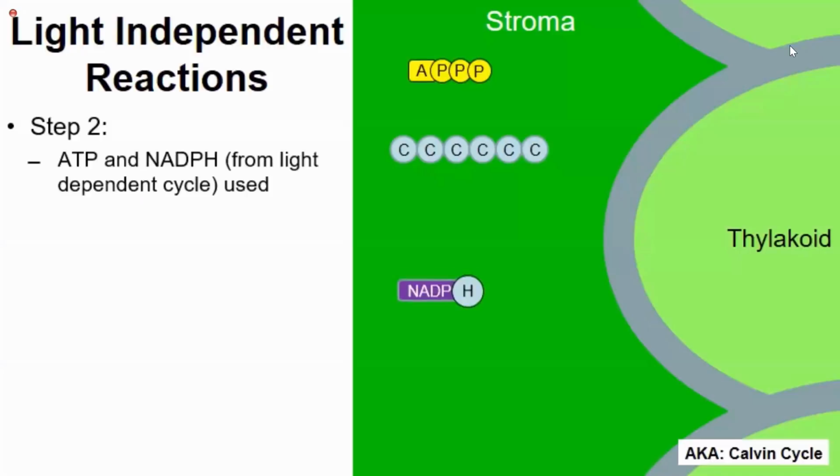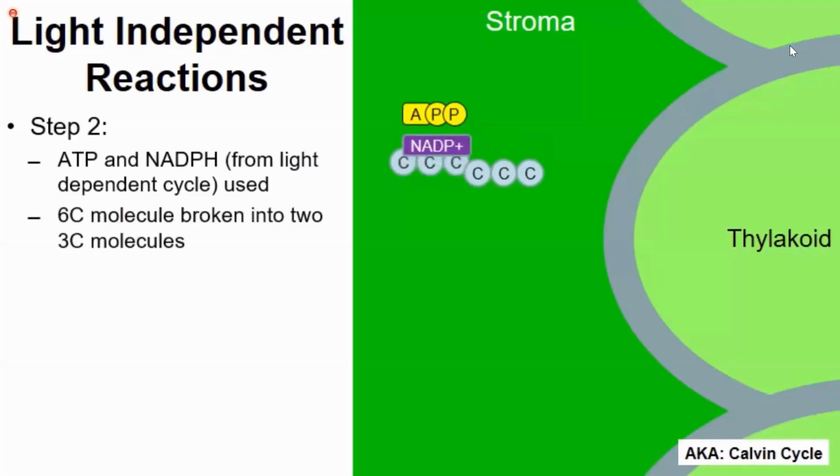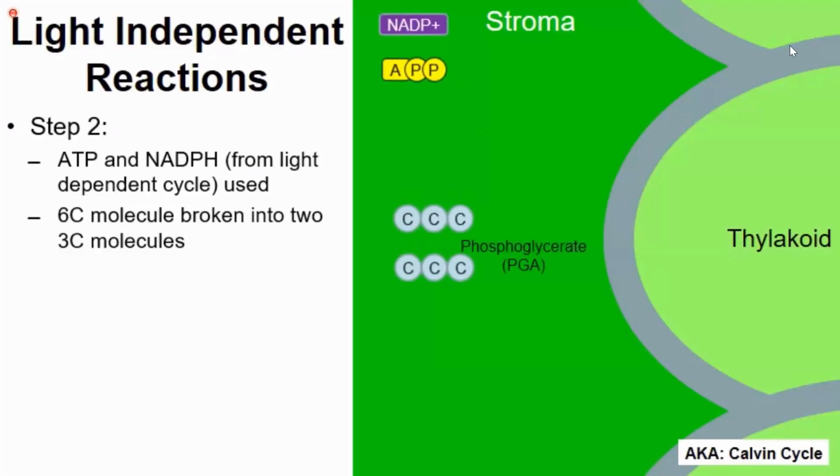The 6-carbon molecule is going to be broken down by the energy contained within ATP and NADPH. And enzymes will help to break down ATP and NADPH to release their energy. And when the energy is released, that 6-carbon molecule is broken down into 2 molecules called phosphoglycerate. Each PGA, or phosphoglycerate, is 3 carbons in size.